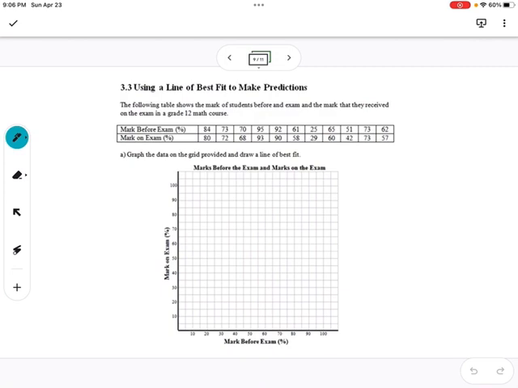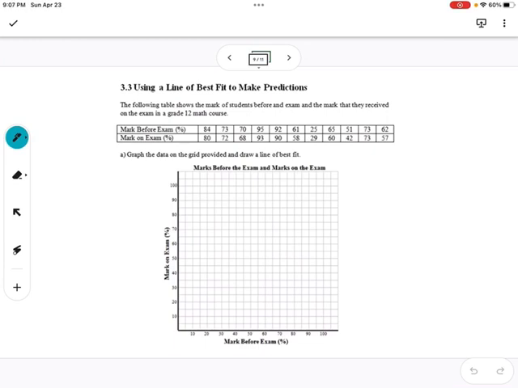Okay, so looking at an example, the following table shows the mark of students before an exam and the mark they received on the exam in a grade 12 math course.